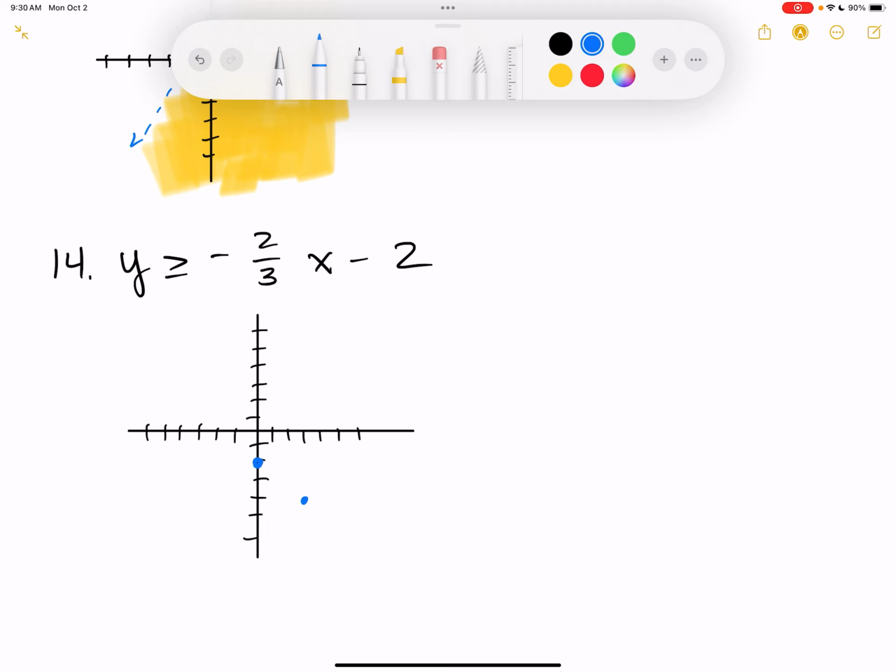Or up 2, back 3. And is it solid or dotted? Solid. Can't draw a straight line though today apparently. Good enough. And am I shading above or below? Y is greater than or equal to. Above.